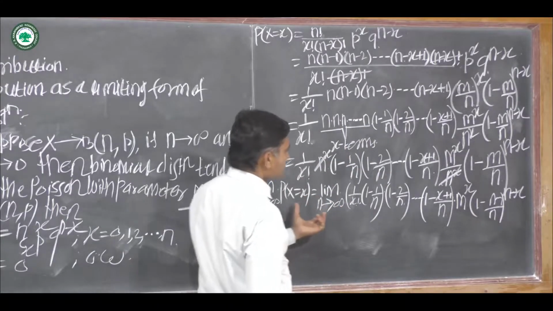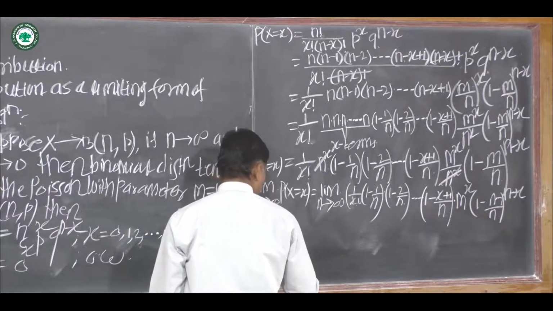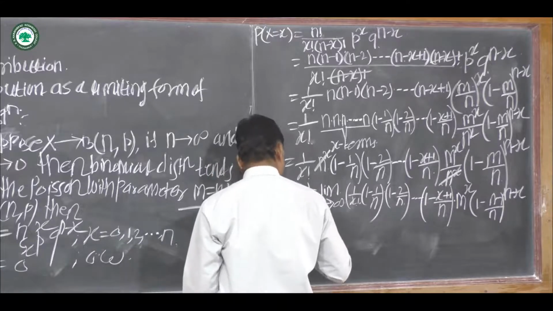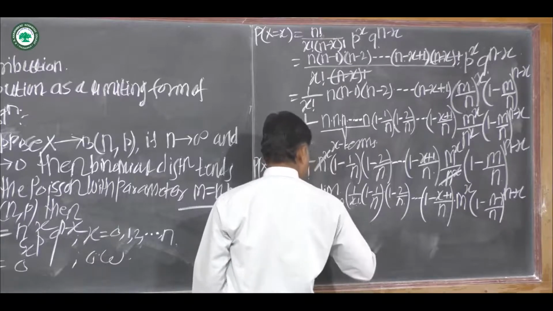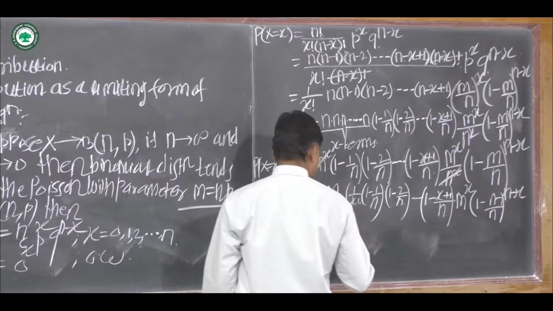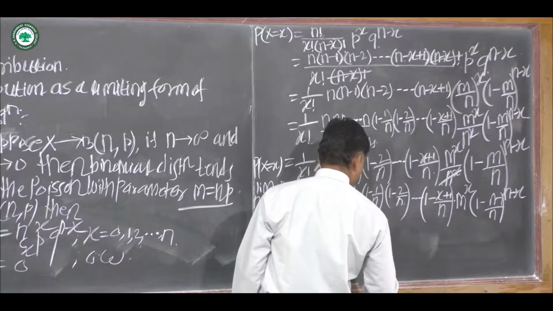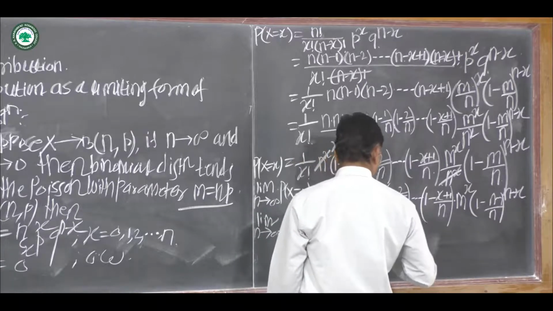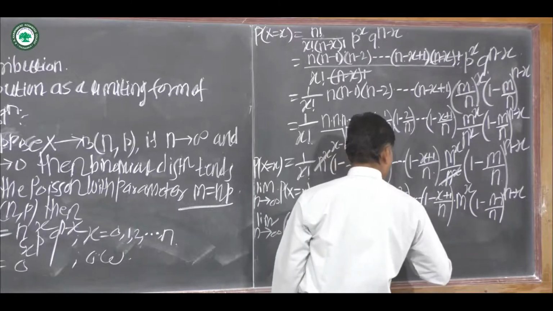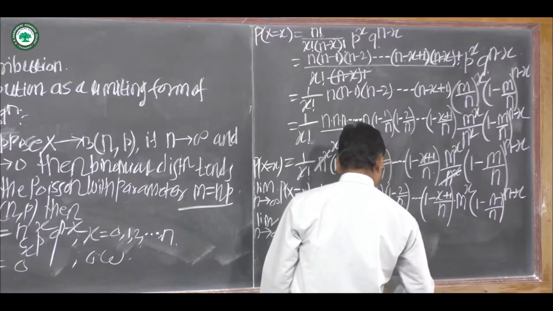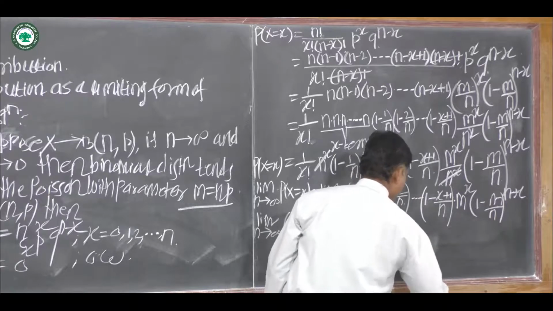Now see, the limit as n tends to infinity of (1 minus m upon n) raised to n minus x is equal to the limit of (1 minus m upon n) raised to n divided by (1 minus m upon n) raised to x.